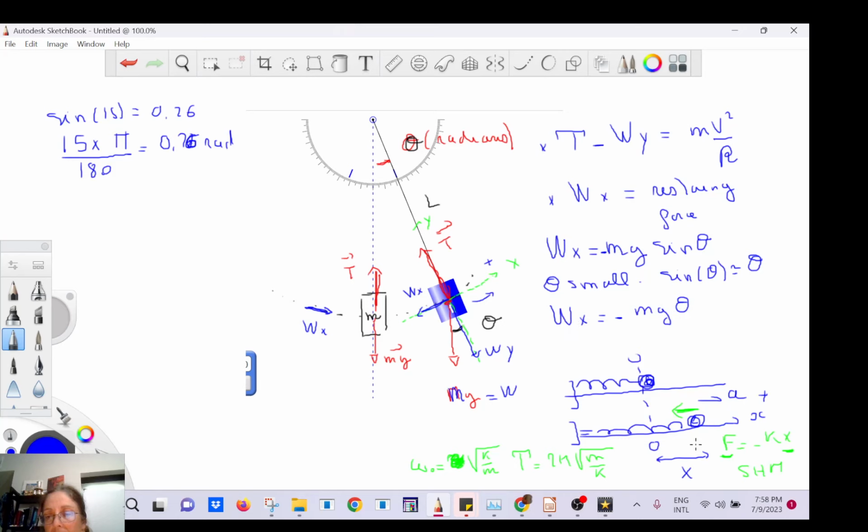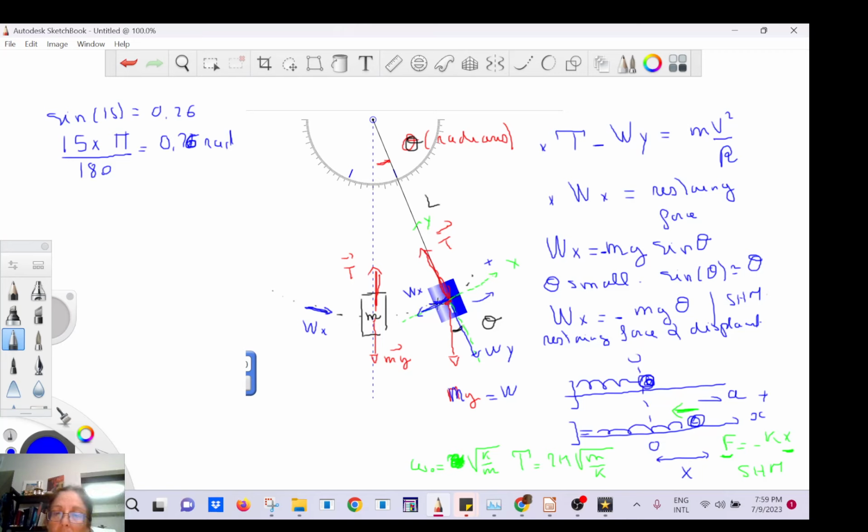And so you see that it is a simple harmonic motion, because the restoring force is proportional to the displacement, except here it's the angular displacement. But from angular displacement, we can go to the linear displacement, right?